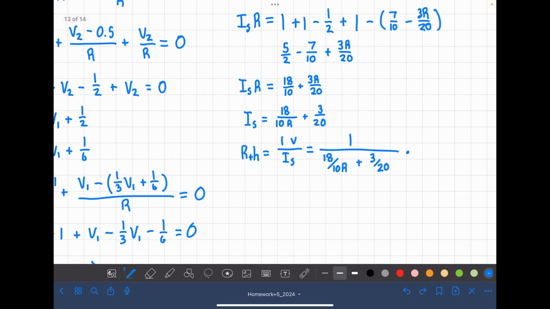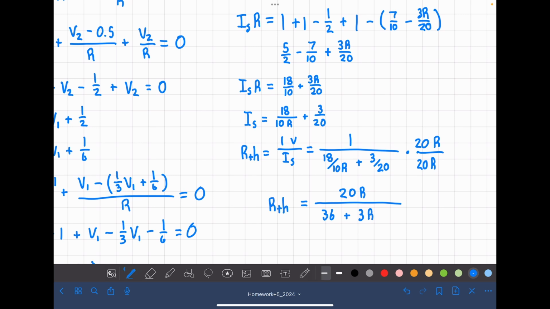No, we'll go ahead and do it, 20R, just to simplify. And we'll get, oh wow, 20R over 36 plus 3R. That is our Thevenin resistance.